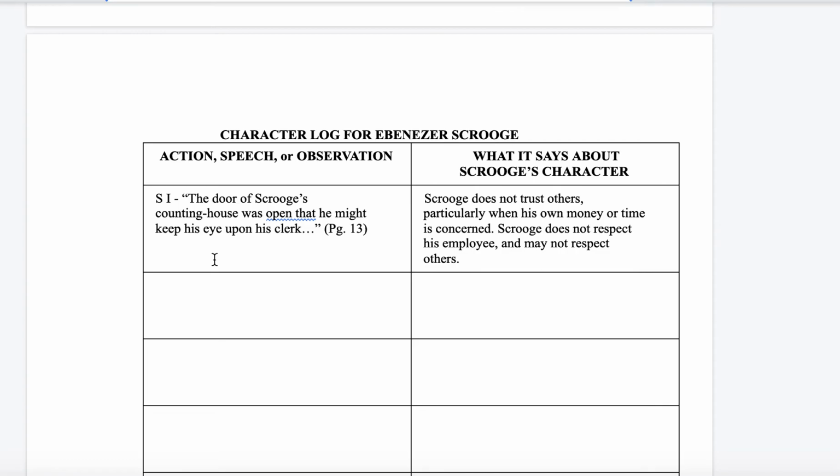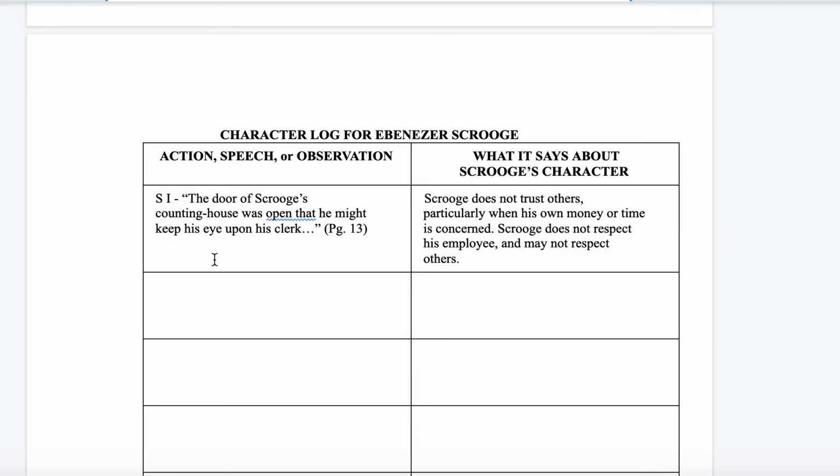And if he doesn't have respect for his employee, he probably doesn't have any respect for other people as well. Okay, so this particular statement says a great deal about the character of Scrooge.